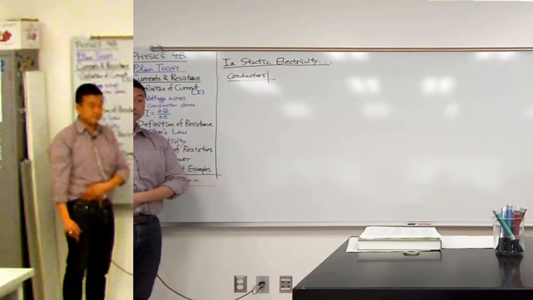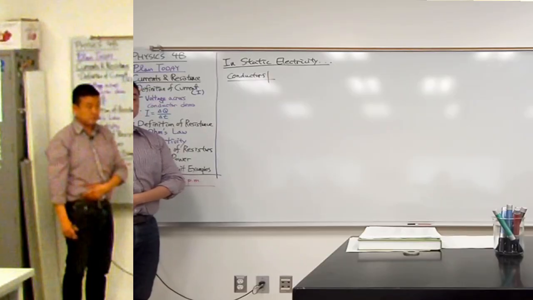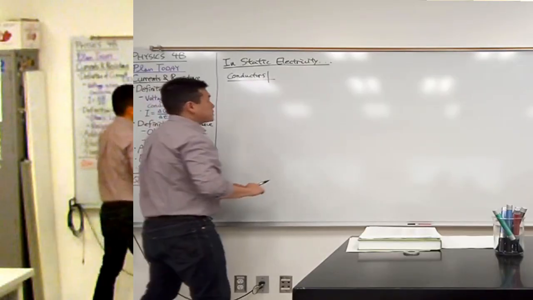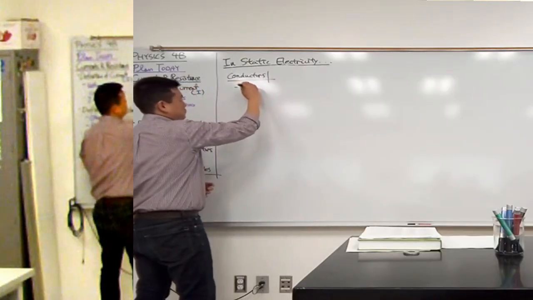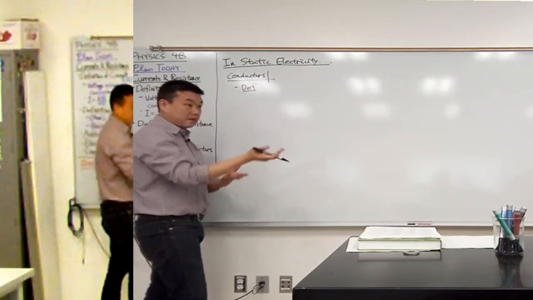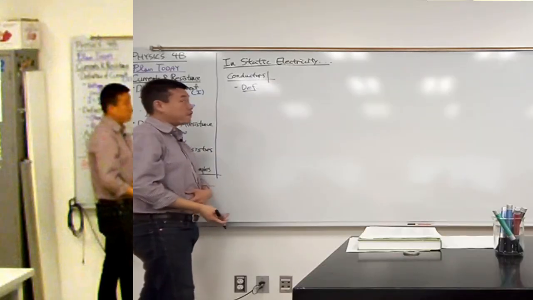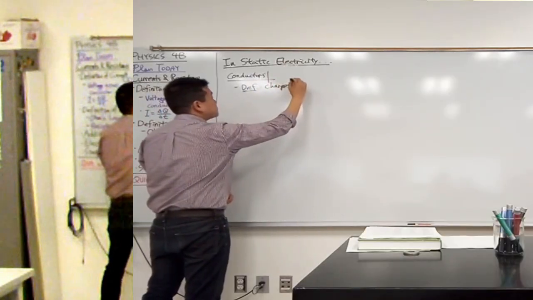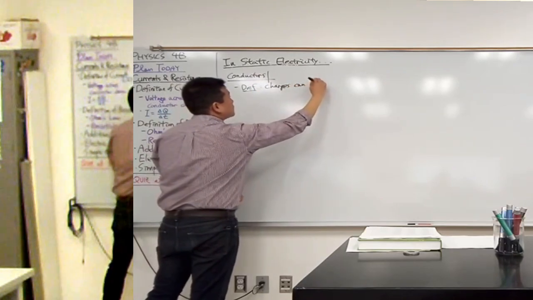Conductors allow charges to easily move. So you could call that the definition: electrons or the charges are able to move around.